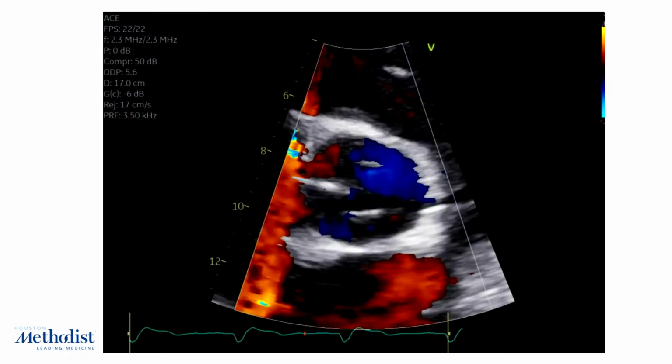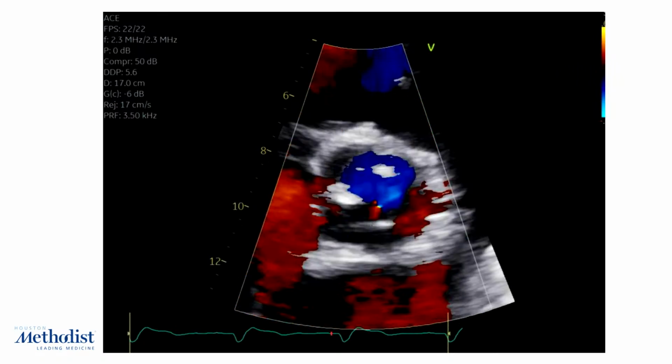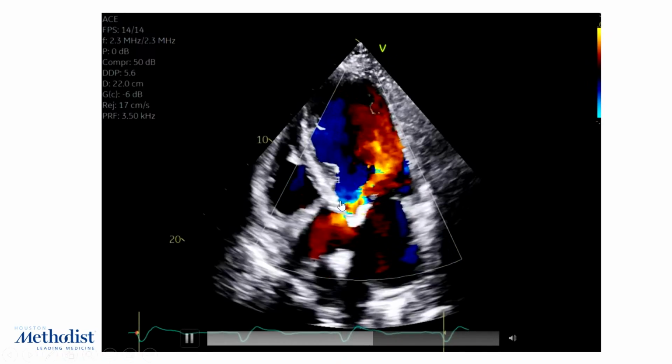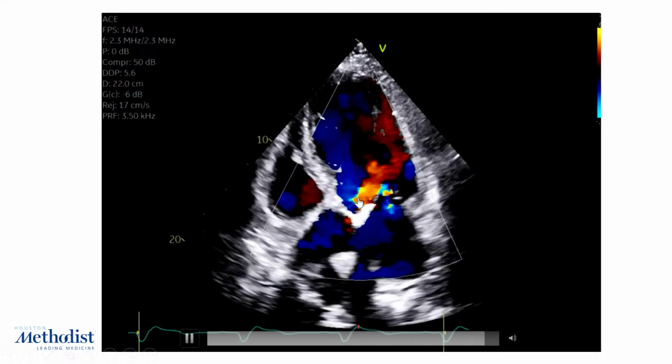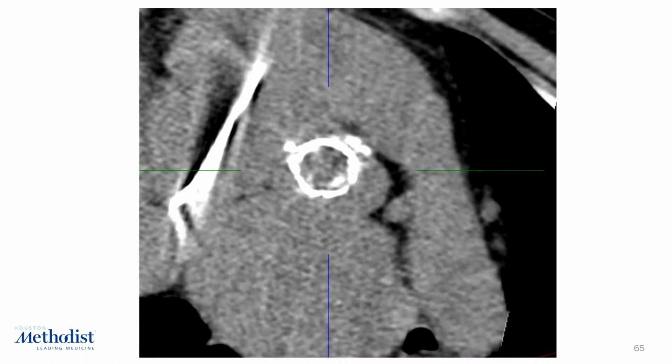You can see there's some regurgitation there. It's more prominent here in the 3-chamber view. It's very eccentric, and the Doppler profile looks like it's in the moderate to moderate-severe range. So they ordered the CT for pre-TAVR workup.